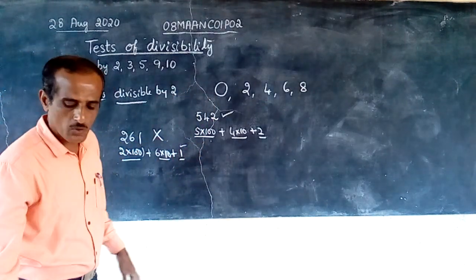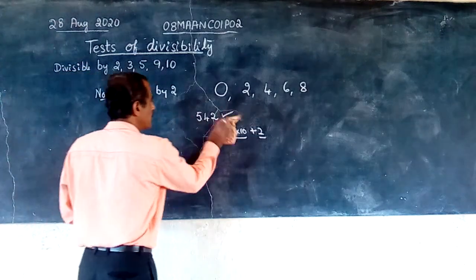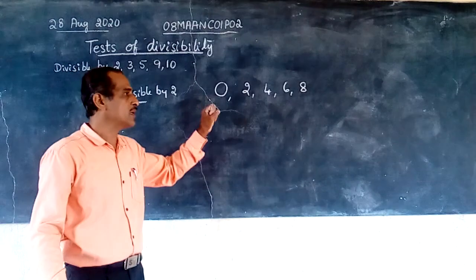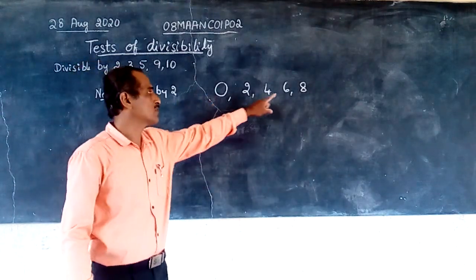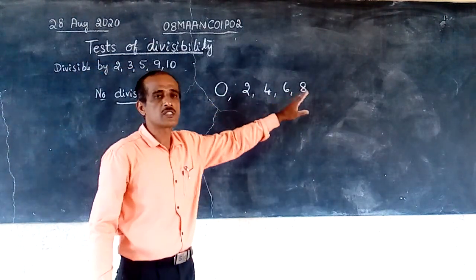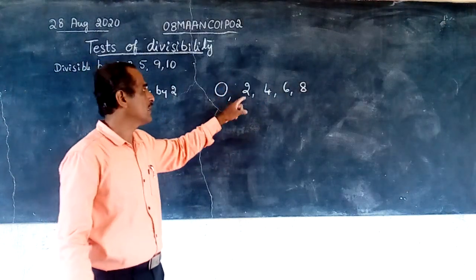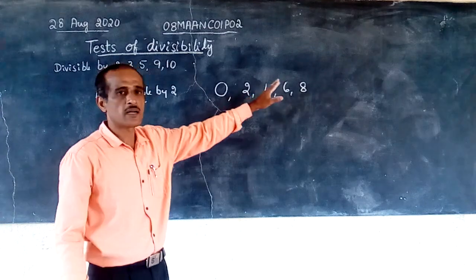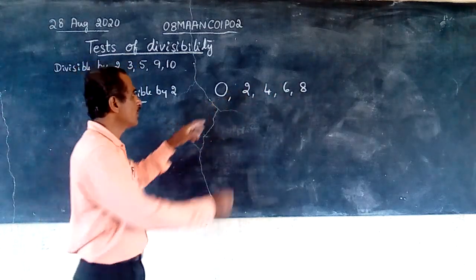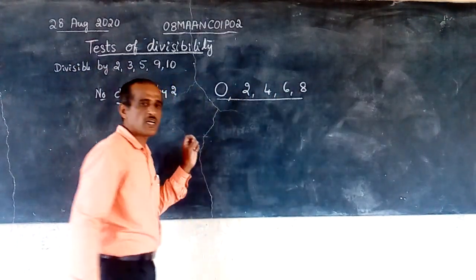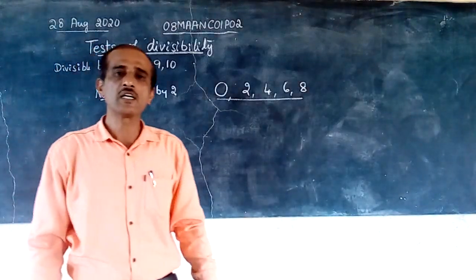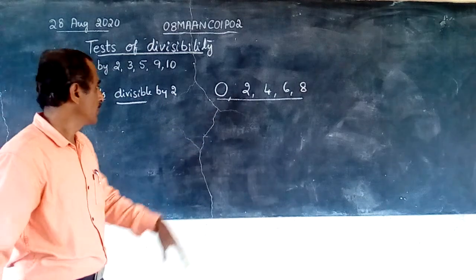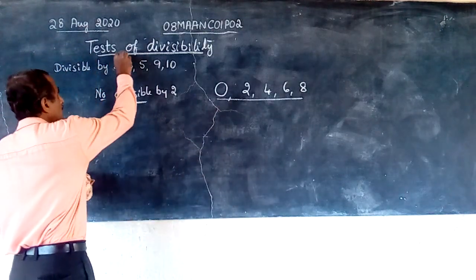So remember, to check whether a number is divisible by 2 or not, any one of these digits must be there in the unit place, or ones place, the last place. This decides whether the particular number is divisible by 2 or not. Okay, this is about divisibility by 2.